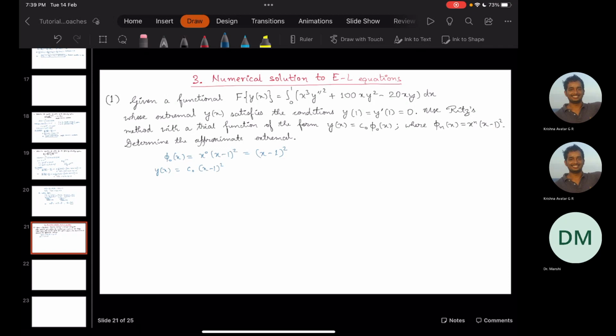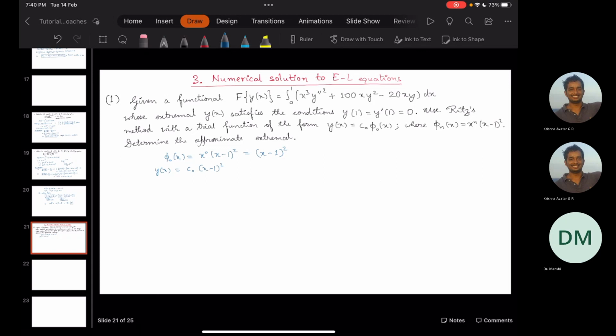And y prime is equal to 2 into c naught into (x minus 1). Again, substituting x is equal to 1 gives us 0. So essentially, the first basis function actually satisfies the boundary conditions. But since the boundary conditions for our case are themselves homogeneous, we don't need to worry about that. So all the basis functions will satisfy the boundary conditions. That's what I intend to say.